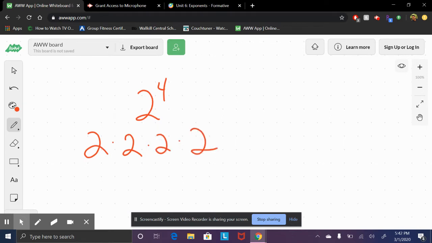And you multiply those 2's all together. Or you could break it down into pairs. 2 times 2 is 4. 2 times 2 is 4. 4 times 4 is 16. Okay, that's another way to do it if you do it by hand.